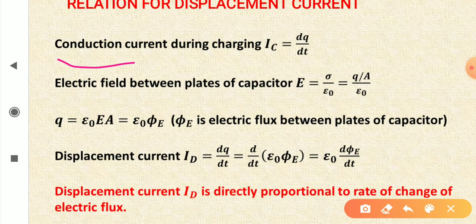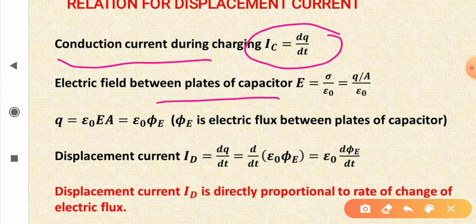Now conduction current during charging, IC, will be equal to dq by dt, the rate of flow of charge. Now electric field between the plates of capacitor is given by sigma upon epsilon naught. Sigma is surface charge density, epsilon naught is permittivity of free space. Now surface charge density is charge per unit area, where A is plate area of the capacitor.